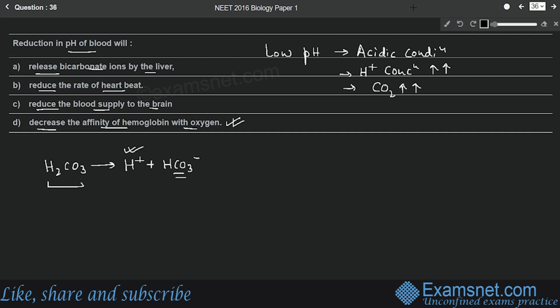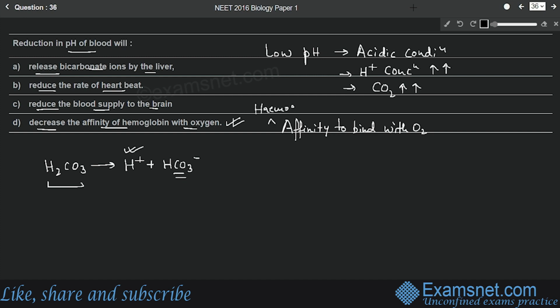Now due to this increase, the hemoglobin affinity to bind with oxygen will decrease. Okay, we are talking about the hemoglobin affinity, right?